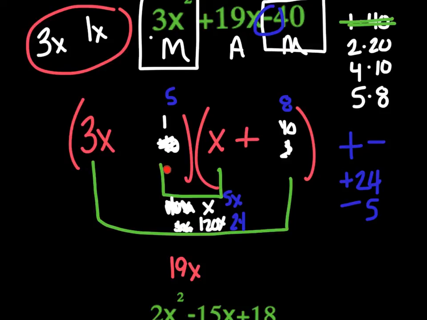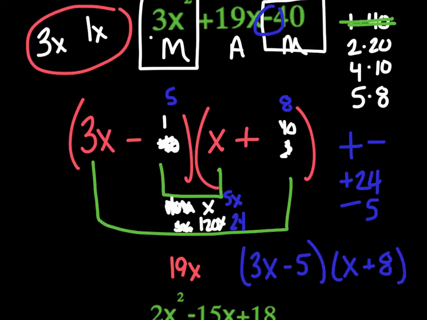If I want a negative 5, then the negative must go here to get the negative 5x. And I'm just going to rewrite my factor a little nicer. I'm going to say it's 3x minus 5 and x plus 8. Now remember, you can always slow down and FOIL it out to see if you get the original problem.